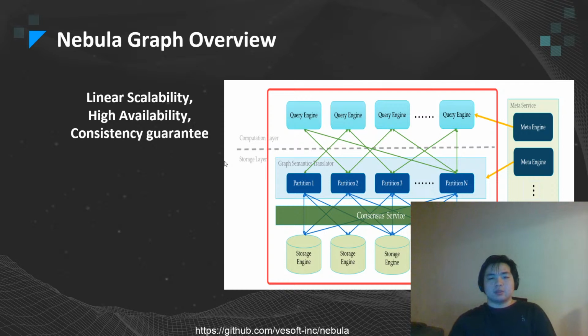After talking about what a graph database is and when we should use one, here I want to introduce the Nebula Graph system design. The main purpose of our system design is to make the graph database scalable and available.